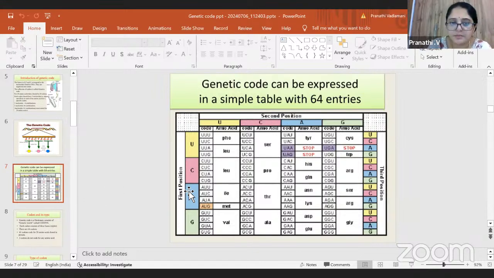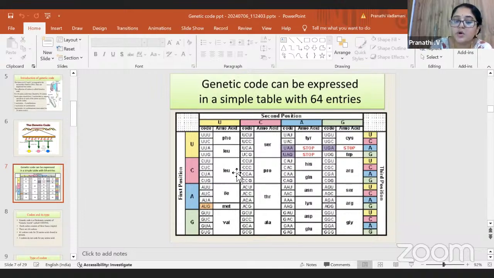These are the four nucleotides that are present, which cause the production of amino acids. If it is UUU, it is going to be phenylalanine. UUA, leucine. If it is CUU, the first two letters are the same, the last nucleotide can be again U, C, that is cytosine, or adenine or guanine.